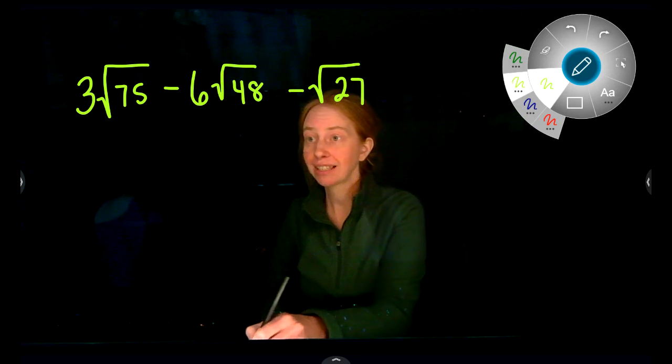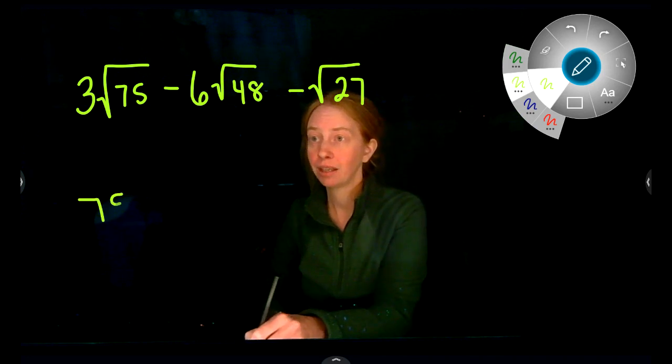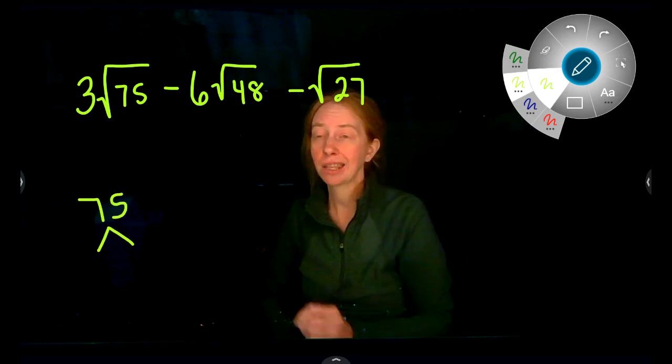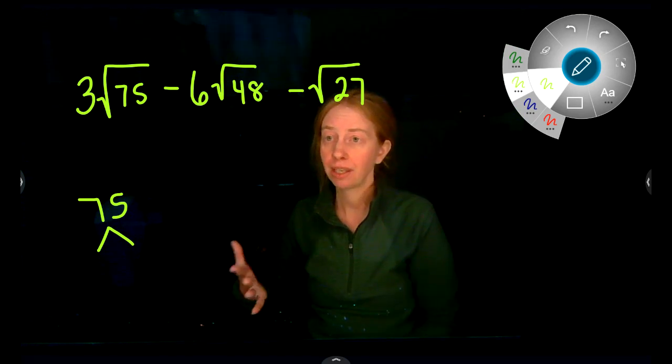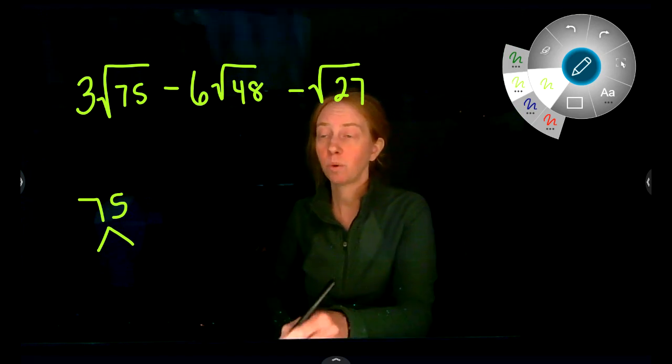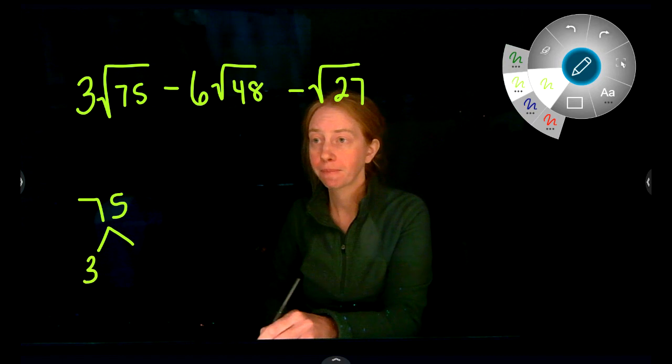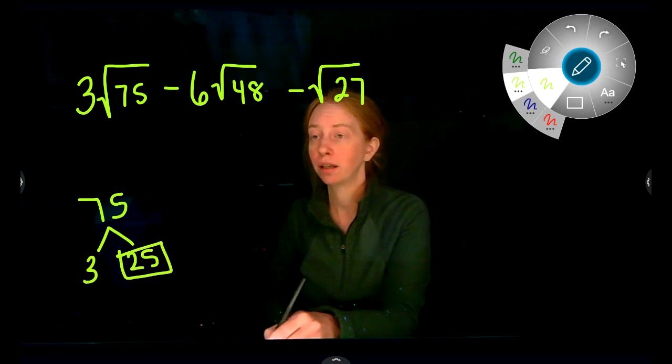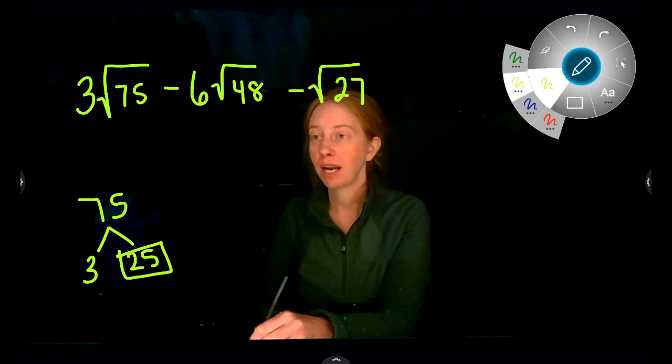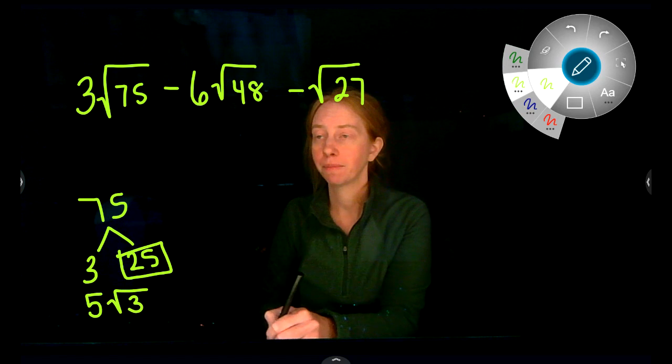So let's start with that 75. The easiest one that I think of when I think of 75 is 3 times 25, and 25 is a perfect square. That means I can write that as 5 times the square root of 3.